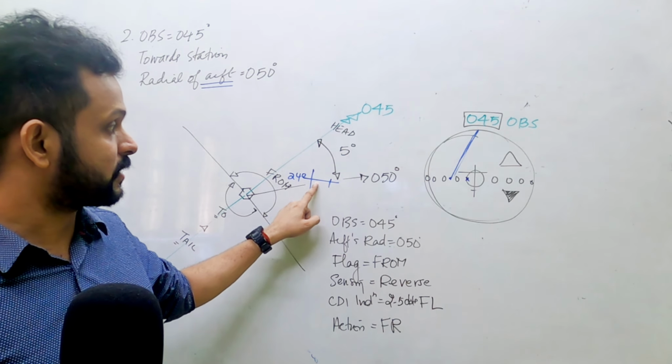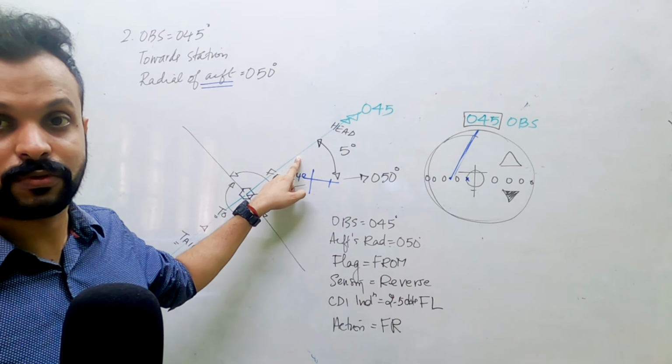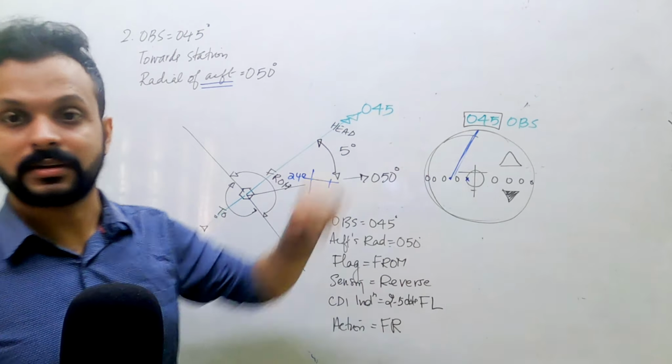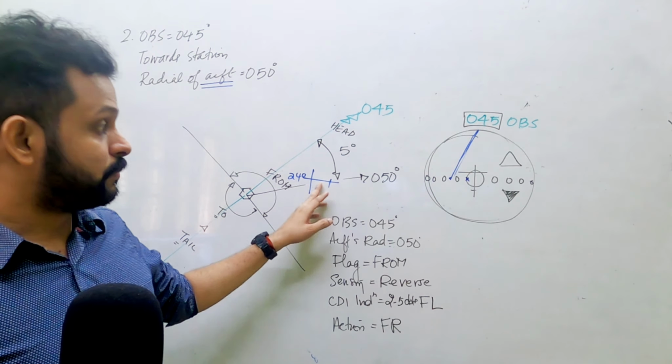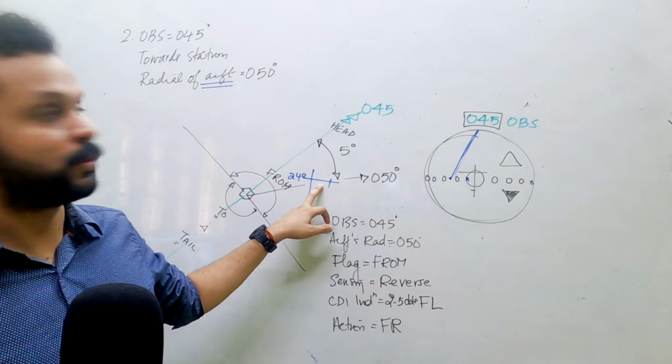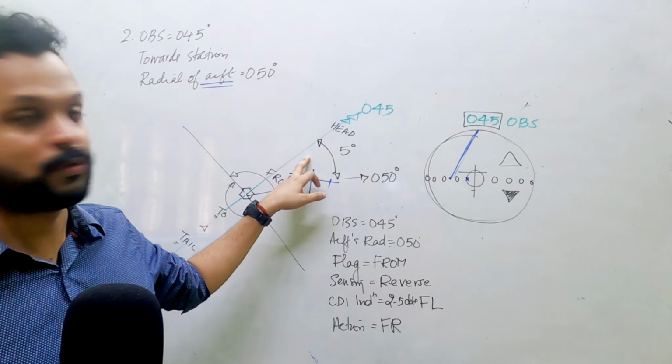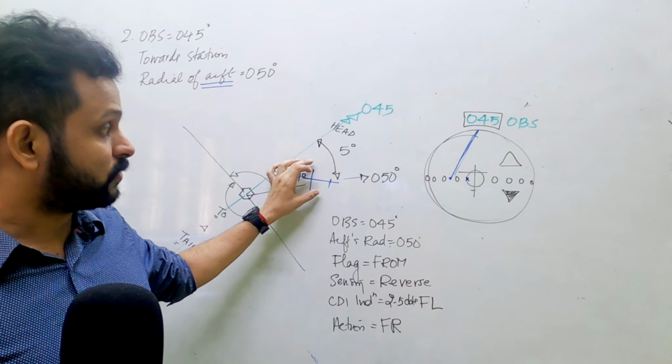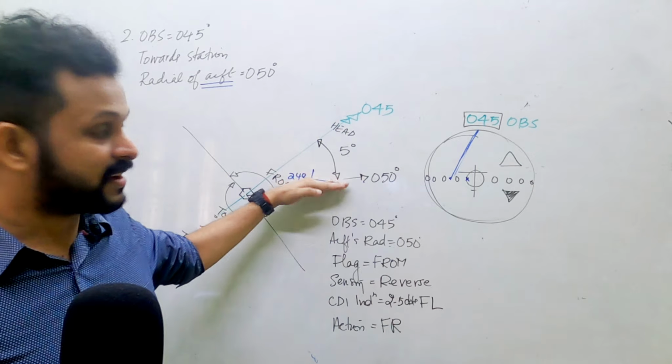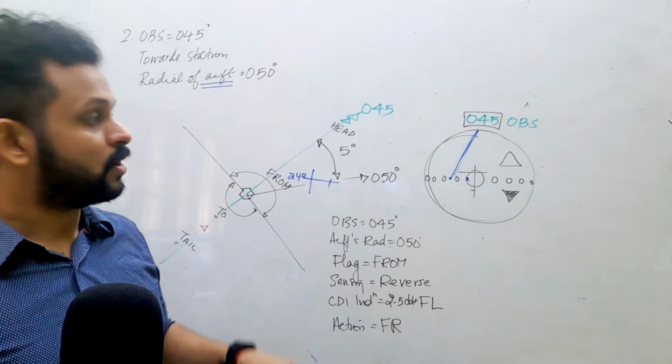If I start flying right and once I intercept the 045 radial, my CDI will be centered. But that is not my current position. I have shifted my position from the radial 050 to 045 for that to happen. If I want to center the CDI on this current radial of 050, how can I do that?